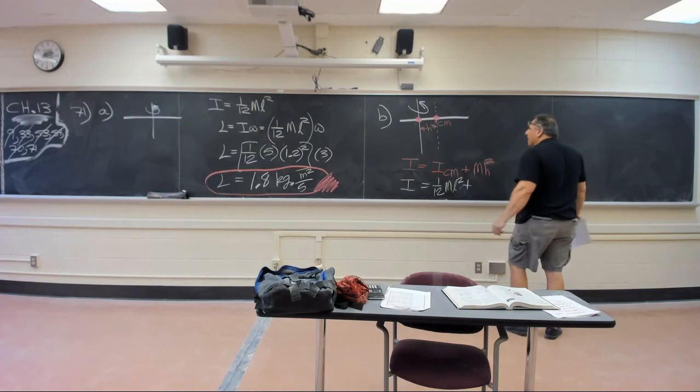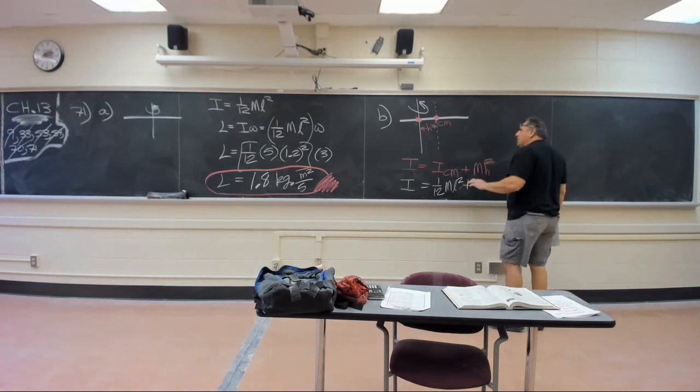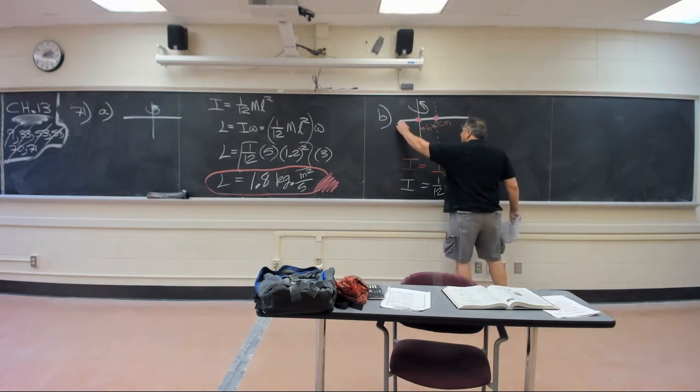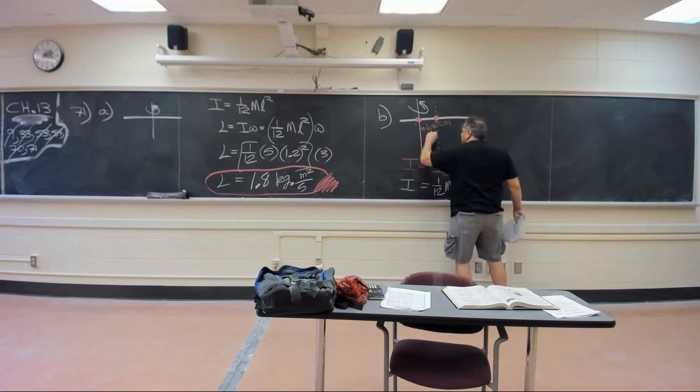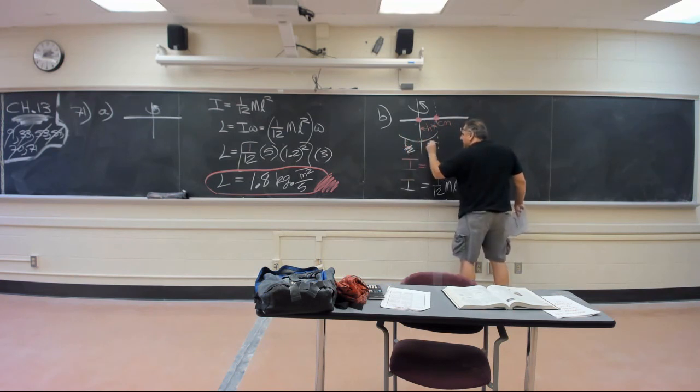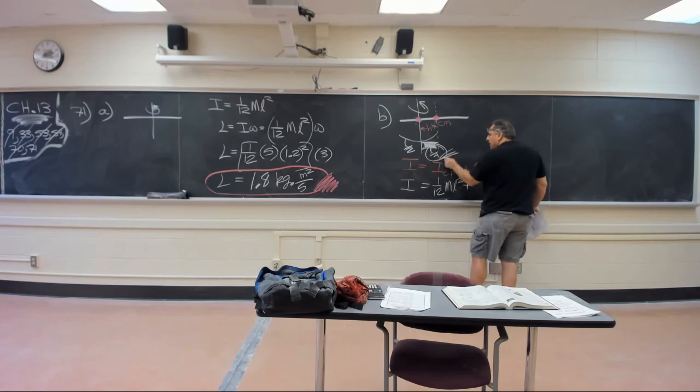What's the h squared? It's halfway between the end and the midpoint. Well, if the whole thing is L, that right there is L over 2, and that means that this right here is L over 4.